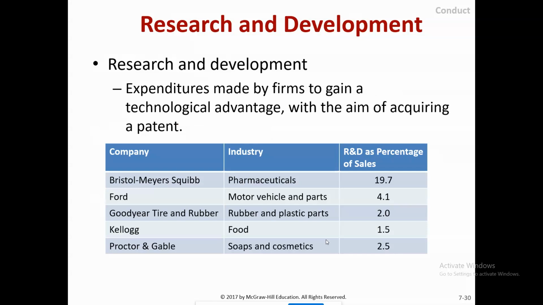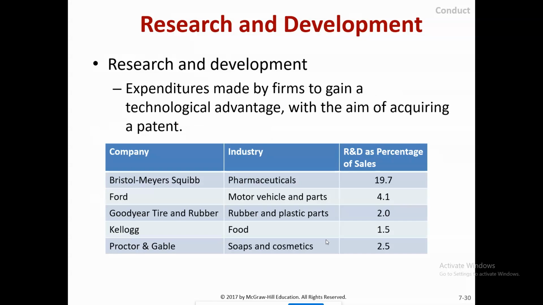The next conduct is how much money the firm spends on gaining technological advantage: research and development. The firm may get a patent by doing so. Here are the percentages that research and development expenditure account for in sales for the representative firms.